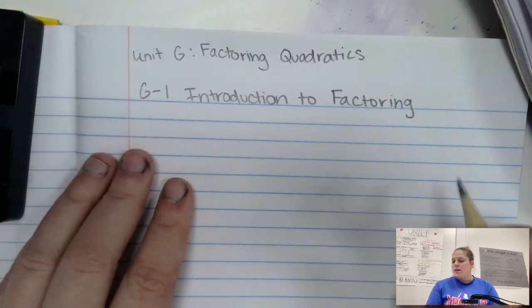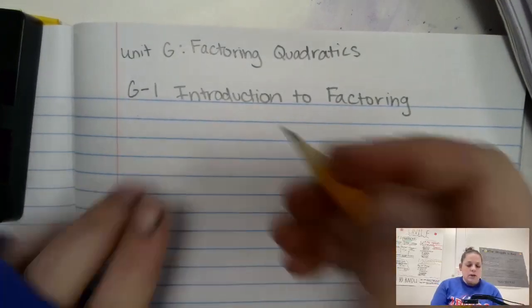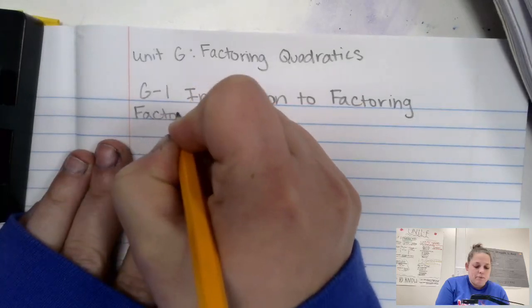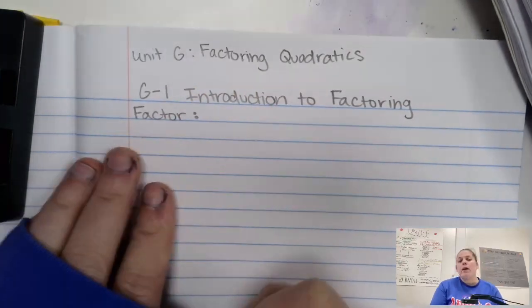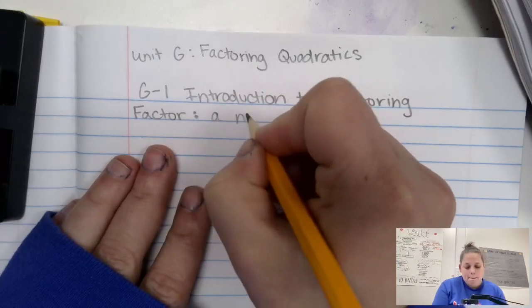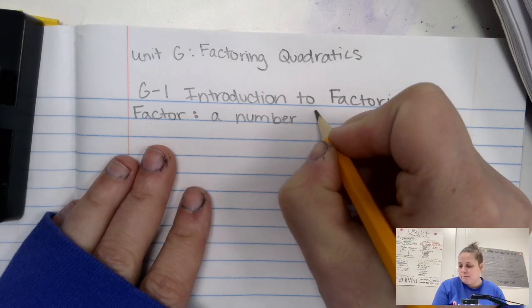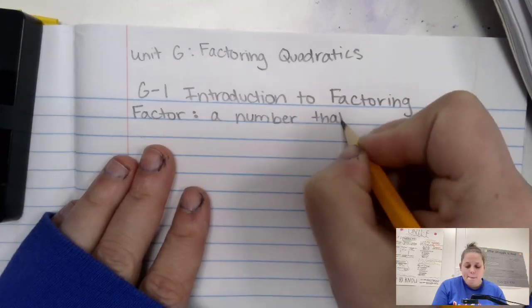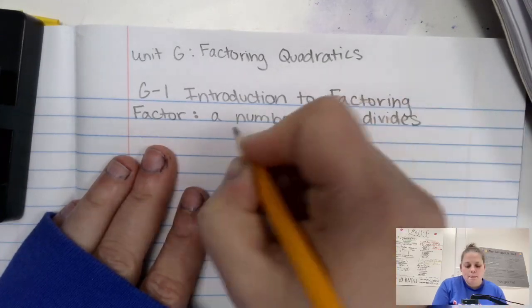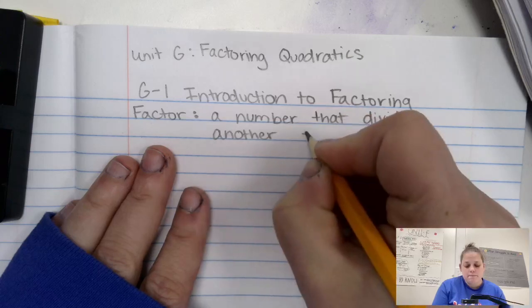Okay, so for G1, Introduction to Factoring, first thing we need to know is factor. And factor is a number that divides another evenly.